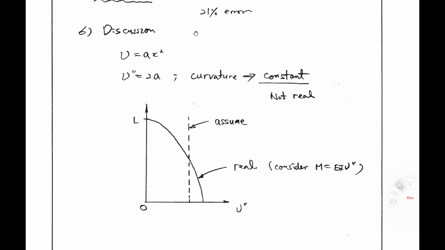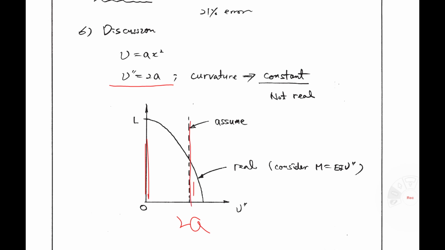This is a discussion regarding error. So we assume the displacement is ax squared, and then we calculate the curvature, v double prime equal 2a. So that means the curvature is constant, like that. Some value 2a. Based on this calculation, curvature is 2a, regardless of the x direction. Just constant value 2a.